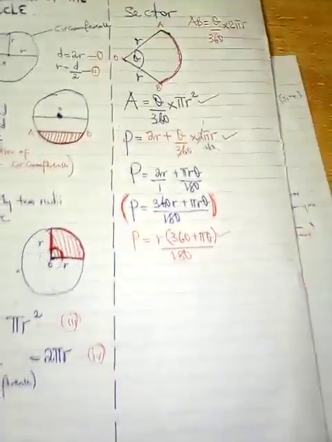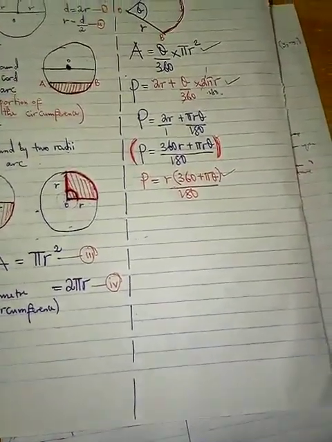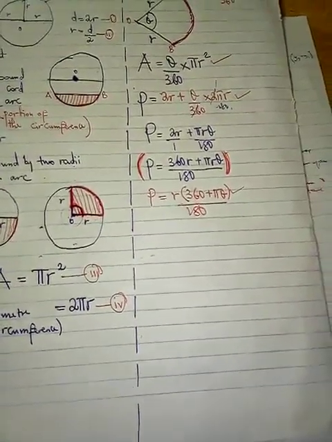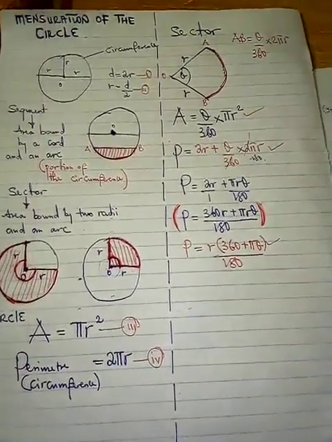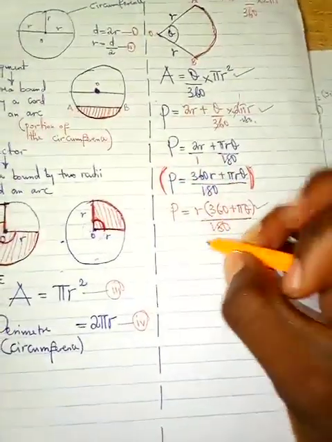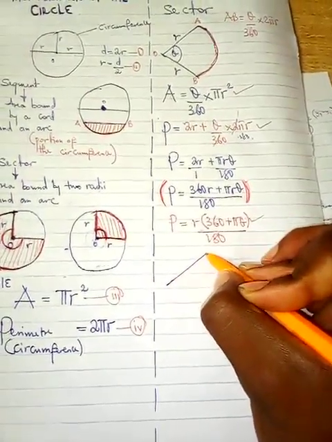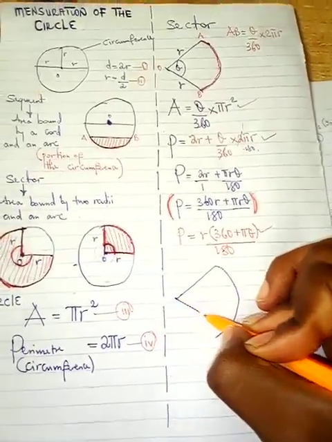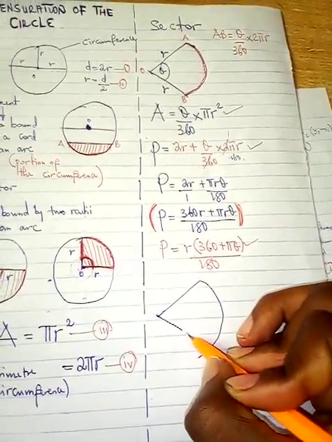But there are times where questions can be complicated at some points, where, say, you have been given this. Well, this is a poor drawing.